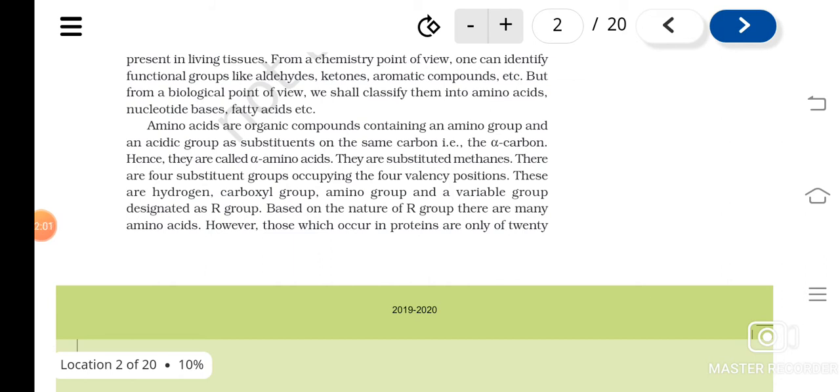But in amino acids, these carbon valencies are substituted by different groups, like hydrogen, carboxyl, amino groups, and a variable group known as the R group. So the various valencies of carbon are substituted by this kind of groups.